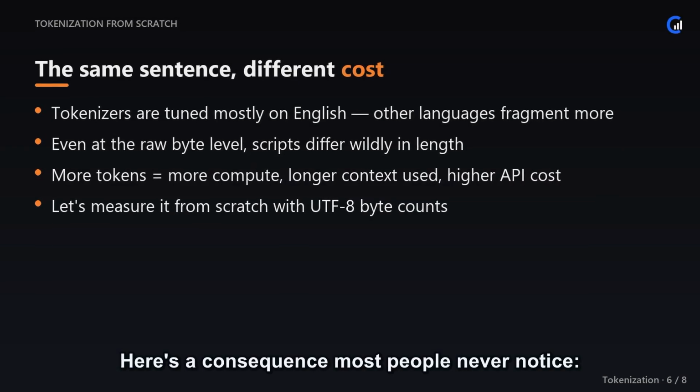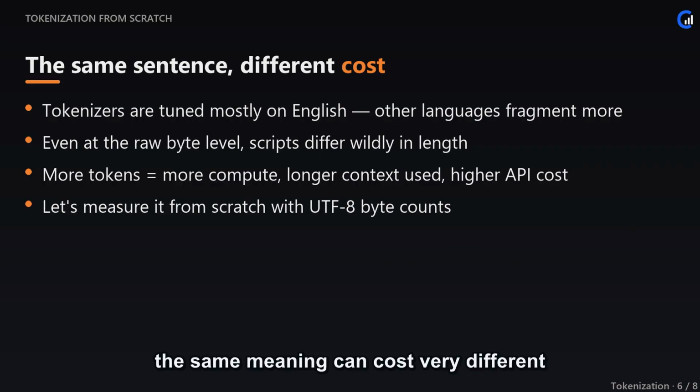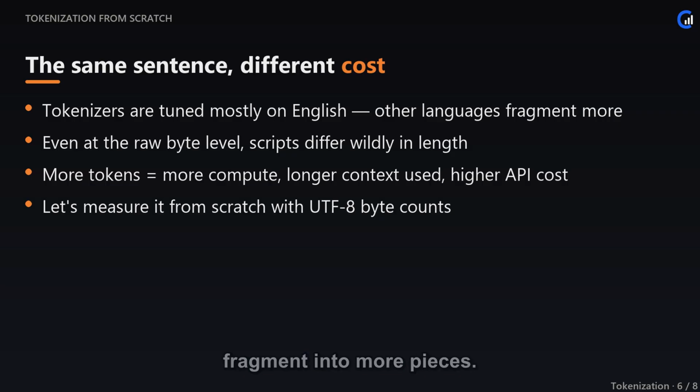Here's a consequence most people never notice: the same meaning can cost very different numbers of tokens across languages. Tokenizers are trained mostly on English text, so English packs efficiently while other languages fragment into more pieces. We can see the root of it without any library at all just by counting UTF-8 bytes, the floor a byte-level tokenizer starts from.